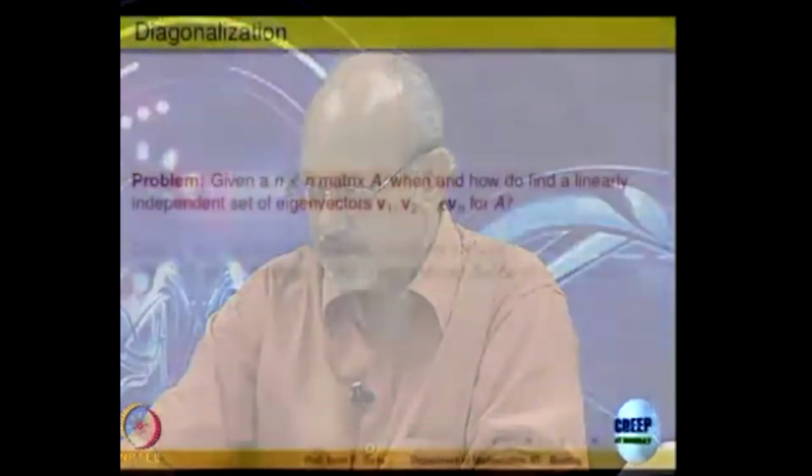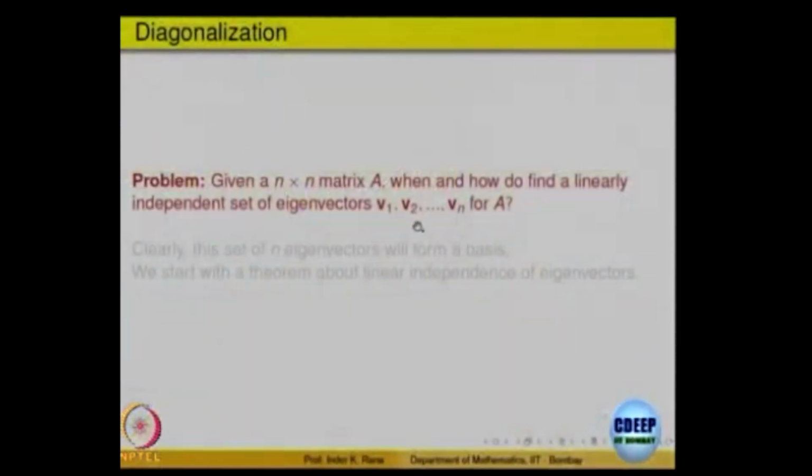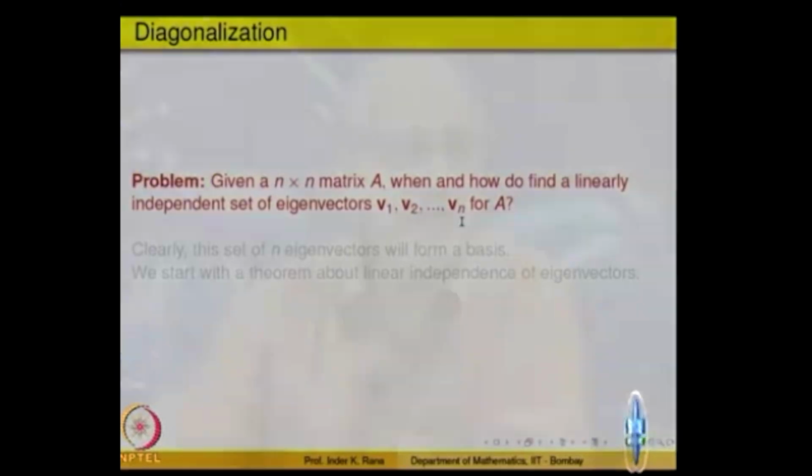So when they are linearly independent, everything is okay. The problem is, given an n cross n matrix, how do you find a linearly independent set of eigenvectors? Does a given matrix have n eigenvalues, and for each eigenvalue an eigenvector, and do they form a linearly independent set or not? If yes, the matrix is diagonalizable.